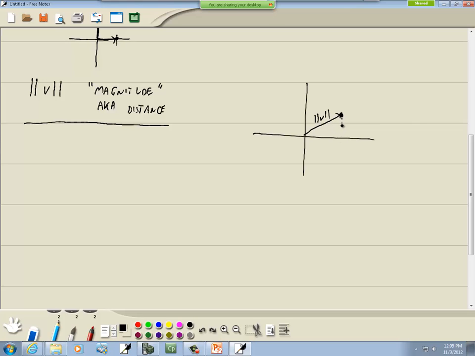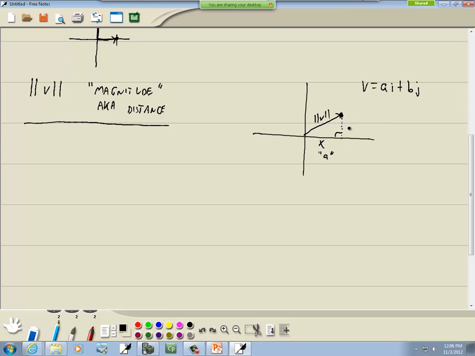Well, if I come down to here, and I have this on my x and y axis, v is equal to ai plus bj. A and b are constants, and i and j are vectors, and v is a vector, of course. Well, this is a right triangle, so to find this distance, we can use the Pythagorean theorem. This right here is our x values, which happens to correspond with our a's.